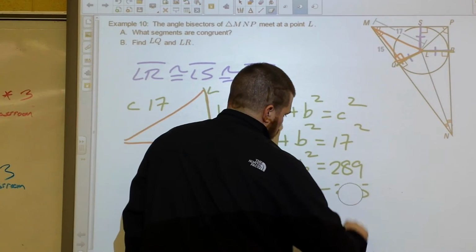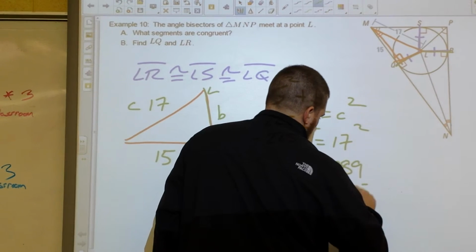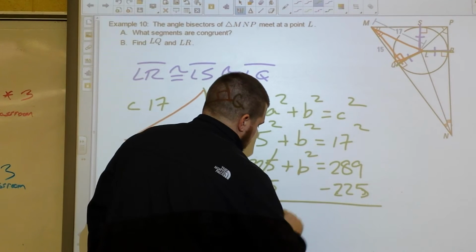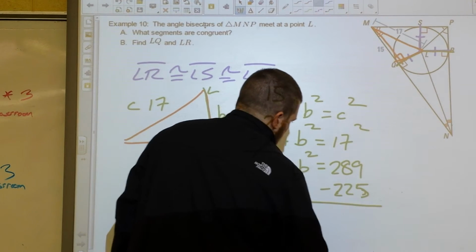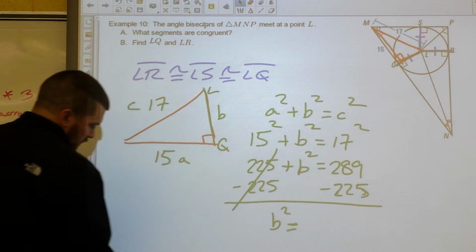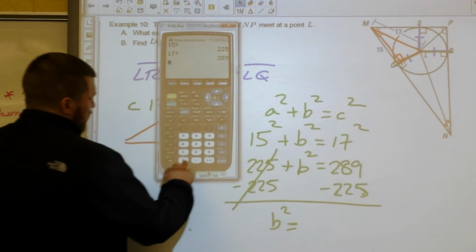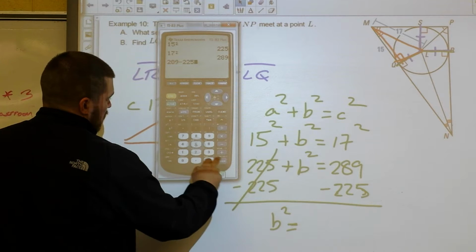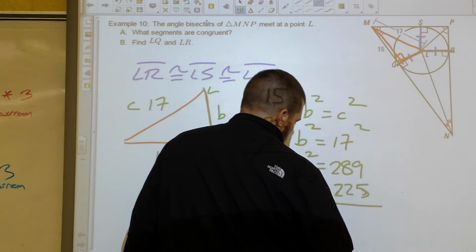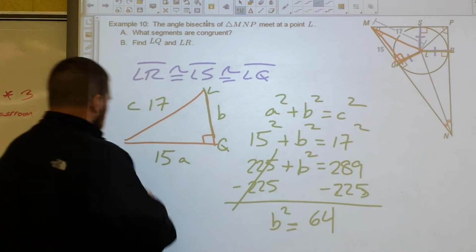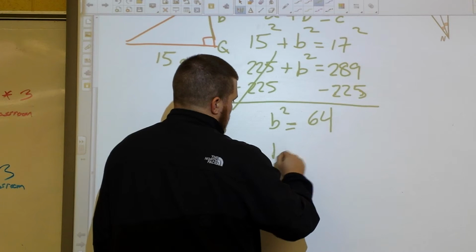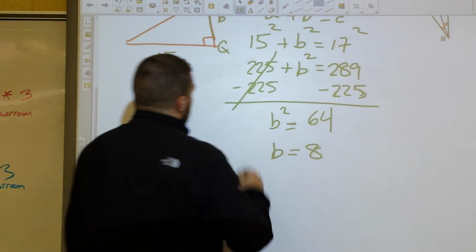They cancel out, so B squared is equal to 289 minus 225, so 54, I think. Let's use the calculator to double check. It's 64, so I was close, but not close enough. I want to figure out what B is, so I'm going to take the square root on both sides, so B is going to be 8.